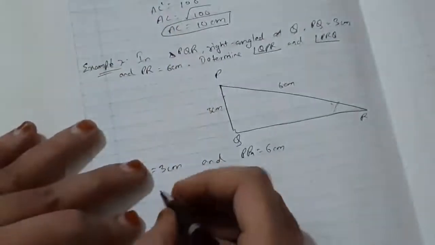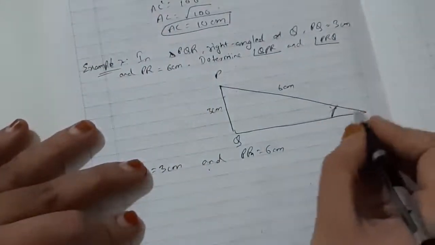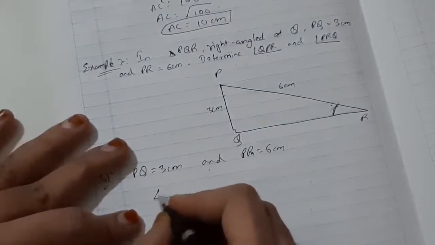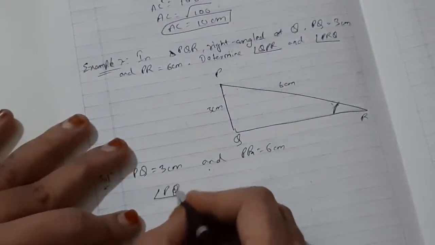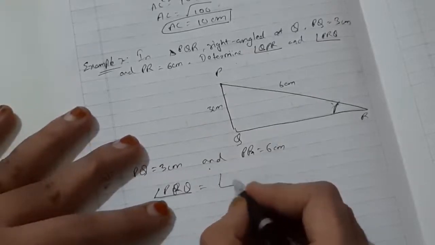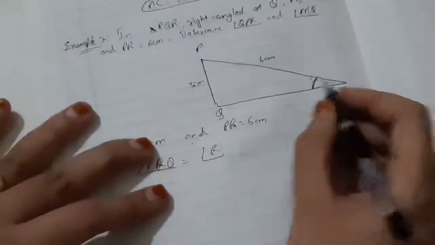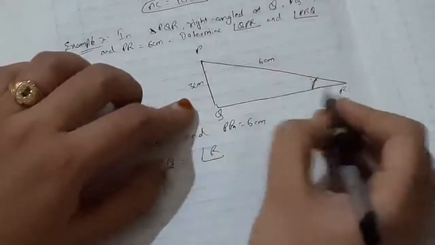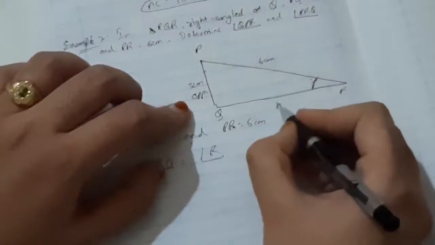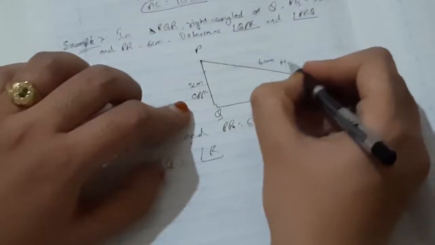So these both are given. So we can find first angle R. PRQ is equal to, you can just write angle R for that. So what is angle R? With respect to angle R, this is opposite and this is adjacent and this is hypotenuse, right?